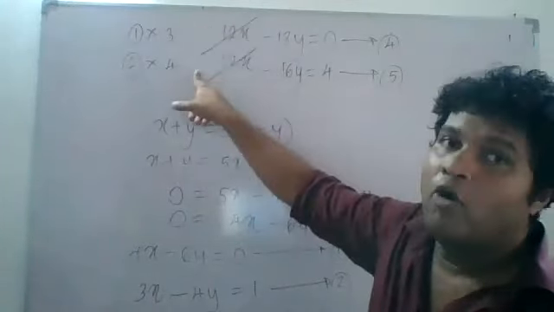Okay. Now we are going to make a subtraction. Ready? How to do a subtraction? We subtract equation number 5 from 4. That's what you have to indicate. The terms you have in 4, minus 18y, you are going to subtract minus 16y.